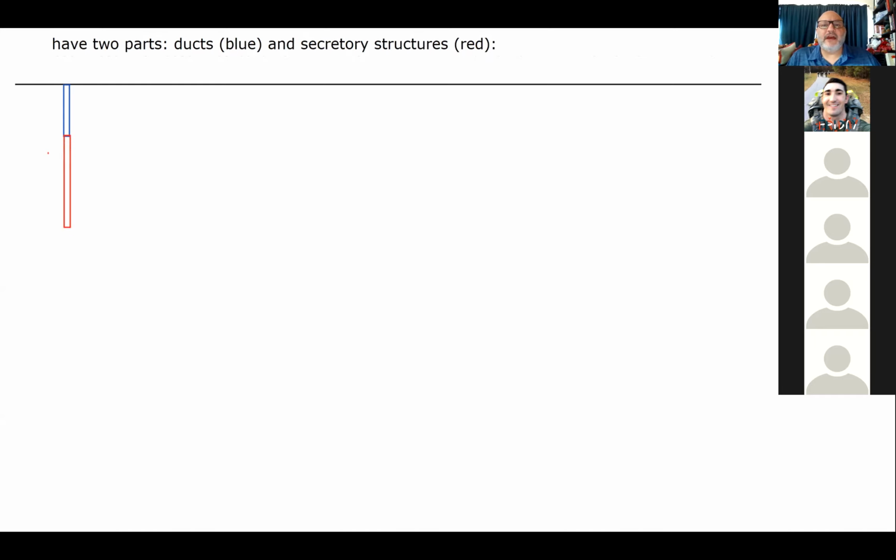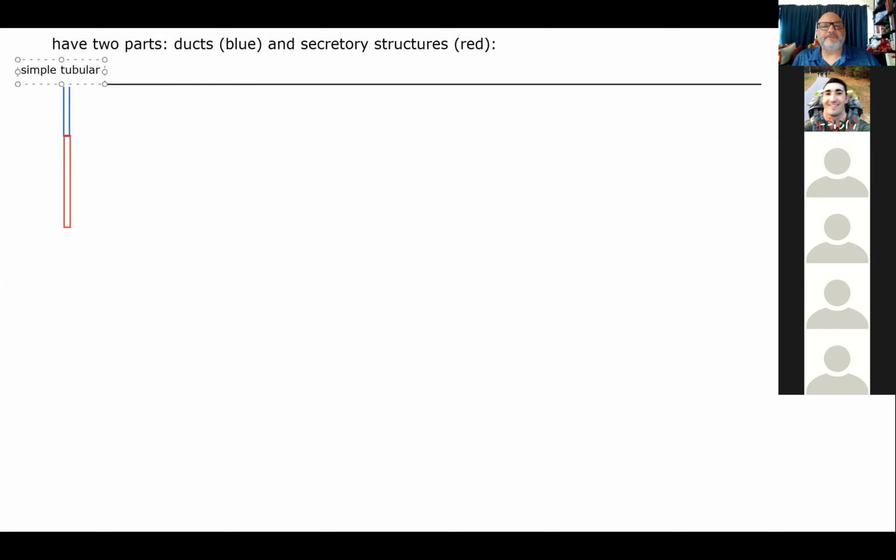So here we have one duct, one secretory structure, and it is long, narrow, and thin. So how would you identify this structural classification of a gland? What would you say this gland was? There you go. Perfect. Excellent, Nicole. Simple tubular. Absolutely. This is a simple tubular gland.